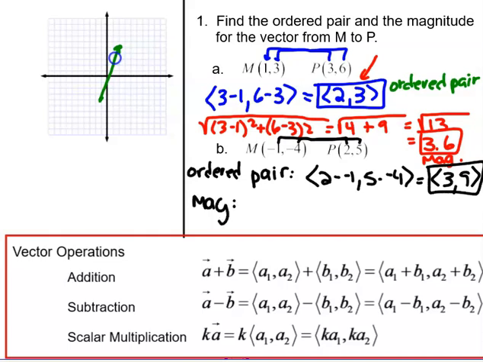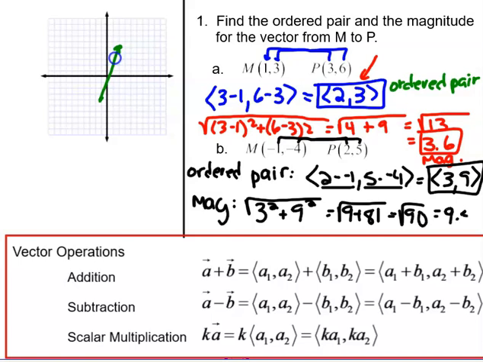So the magnitude, so kind of notice what happens, because this is going to help us later, when I do 2 minus -1, I already know I'm going to end up with 3 squared. 5 minus -4, I'm going to end up with 9 squared, which is 9 plus 81, which is 90.